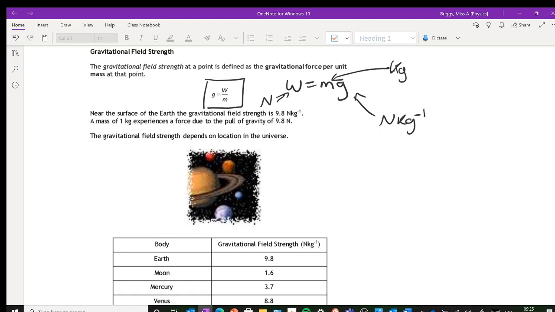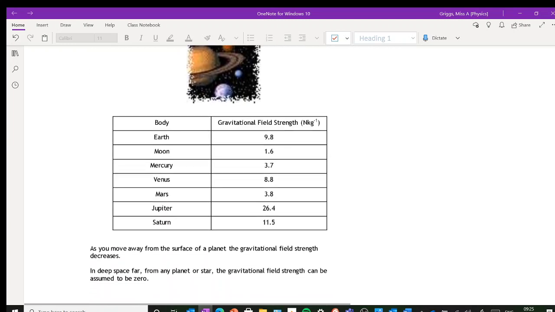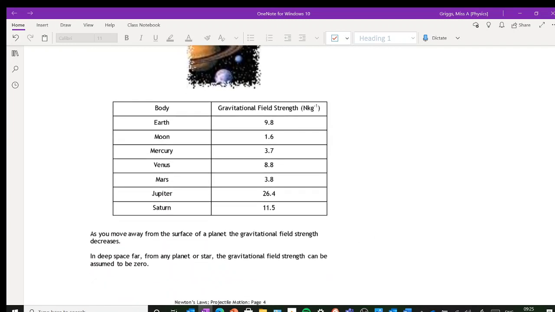And as you go away from the surface of the planet, the gravitational field strength decreases. If you go up a really high mountain, the gravitational field strength is slightly smaller because you're further away from the center of the planet. And in deep space, far from any planet or star, the gravitational field strength can be assumed to be zero. Because everything that has mass has a little bit of a gravitational field strength.